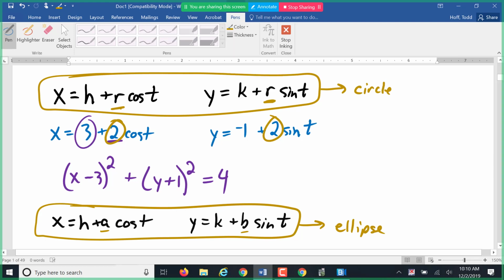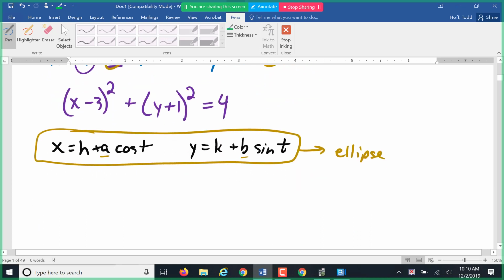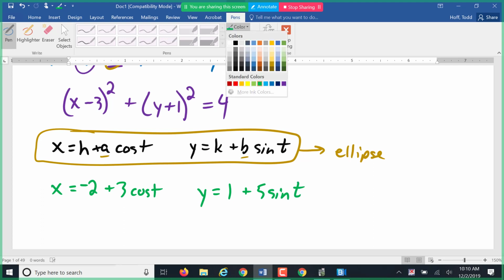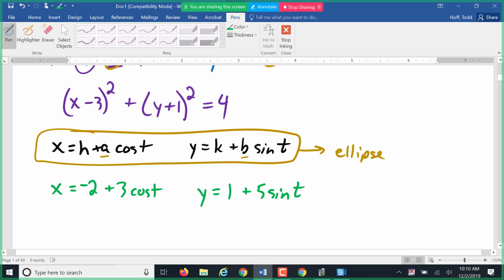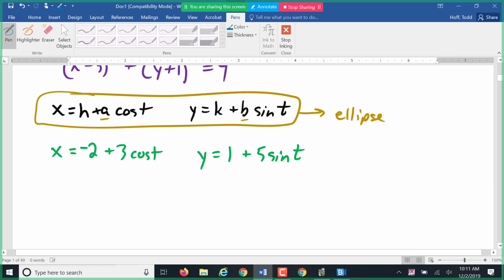So knowing that, I could take an equation like x equals -2 plus 3 cosine t, and y equals 1 plus 5 sine t. I could actually write the elliptical equation from that. Or I could actually graph it.